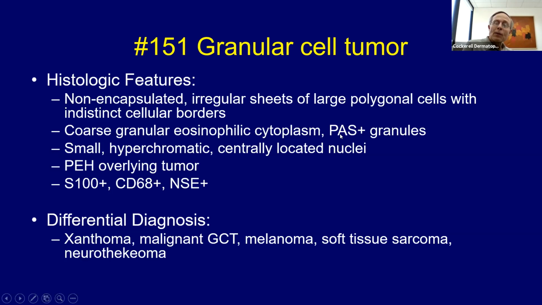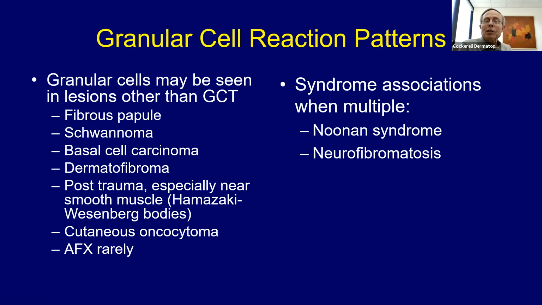There are a number of different settings where you can see a granular cell reaction pattern. So you get granular cells in things that aren't granular cell tumor. That's probably a little bit esoteric, but something you should at least understand. You can see granular cell fibrous papules, granular cell schwannomas, granular cell basal cell carcinomas, etc. You can see AFX, granular cell atypical fibroxanthoma.